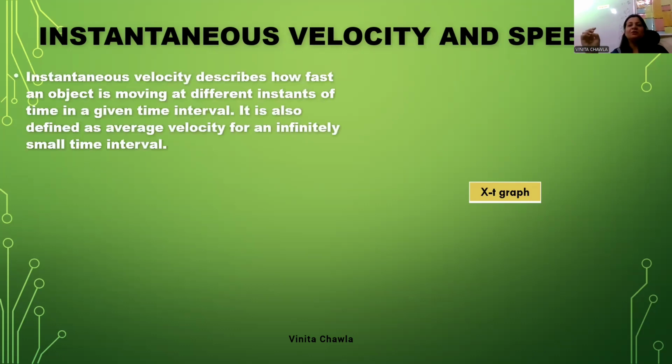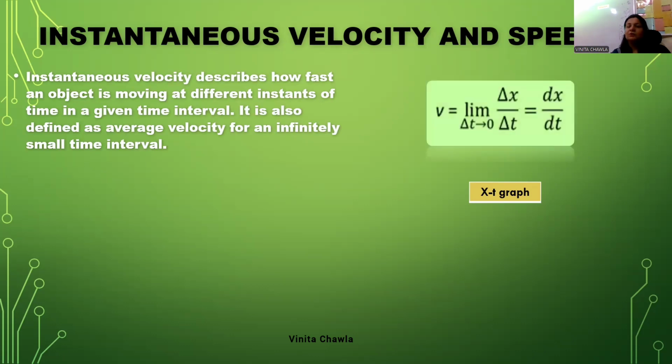So instantaneous velocity describes how fast an object is moving at different instants of time in a given time interval. It is also defined as average velocity for an infinitely small time interval. See, average velocity, how do we find?